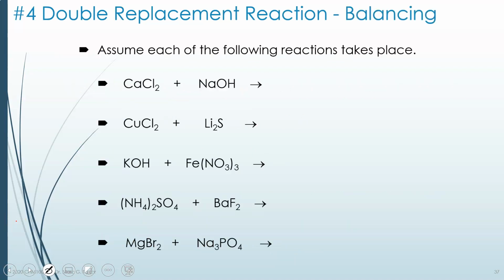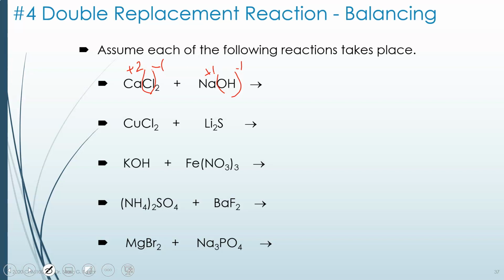So here are some double replacement reactions, also known as double displacement. We're going to write the products, figure out the formulas of the products, and then balance the equations. So we have calcium chloride and sodium hydroxide. Here's your anion. It's -1. And here's your anion here. Each chlorine is a -1. We have 2 of them. The calcium is +2. The sodium is +1.